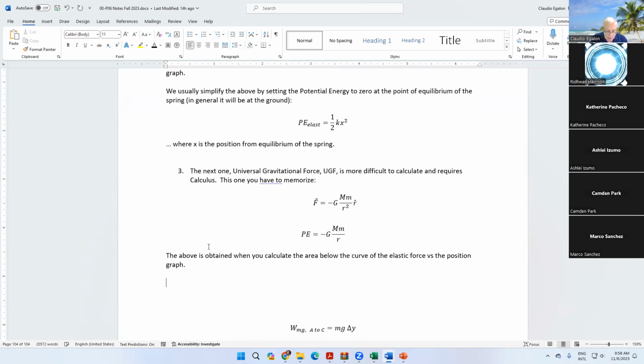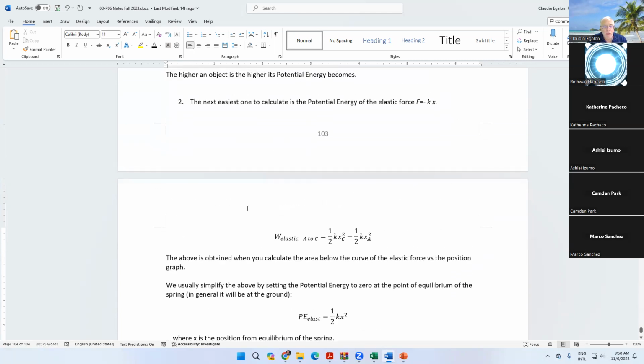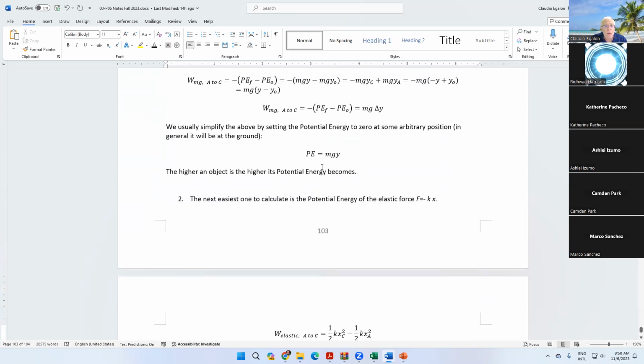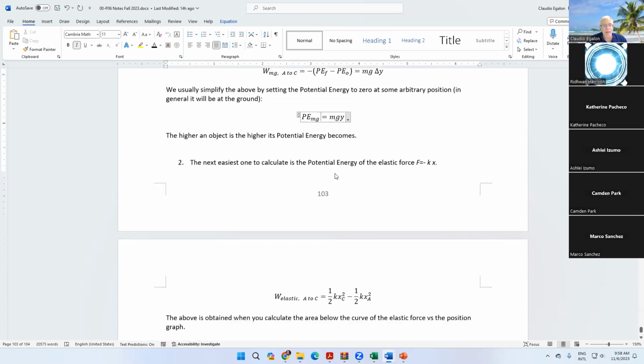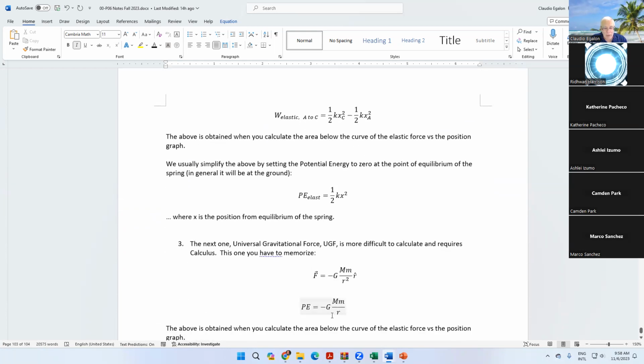Notice the following. Here I'm gonna put mg, potential energy due to mg, to the weight. Here I'm gonna put potential energy of universal gravitational force, like that.